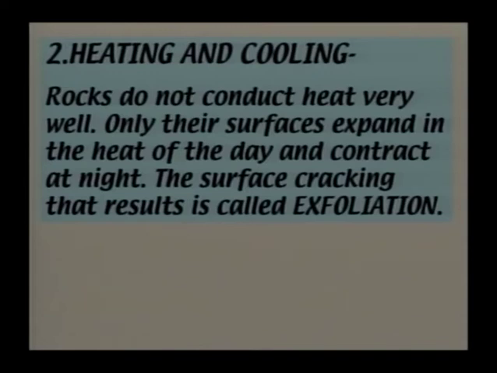So what happens if continuously during the day the surface of the rock expands, during the night it contracts, and then the next day the same thing? Finally, the surface will peel off or break off. And when that happens, a term that we use to describe this type of weathering is exfoliation. The Americans would call exfoliation onion skin peeling. You think of an onion.